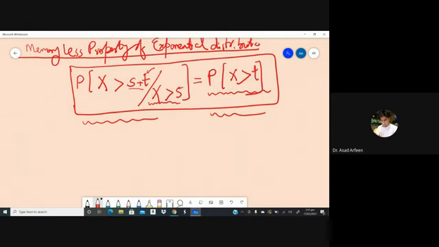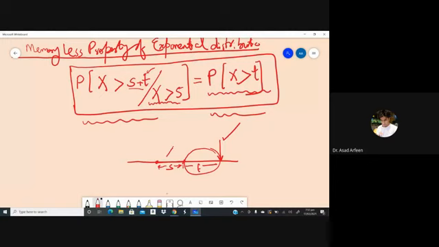To make it more clear, on a graphical line, suppose you waited till s seconds, but the event, whether the bus or whatever your event is, has not arrived, and someone comes here and starts waiting for t. So this is t, and this is s. Now the probability of this event occurring depends only on t.